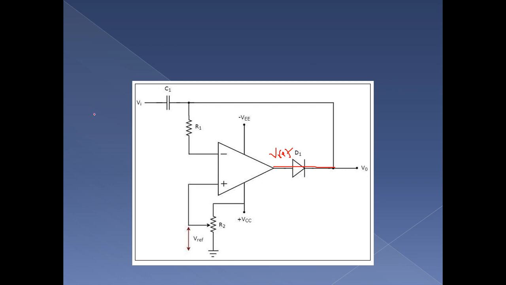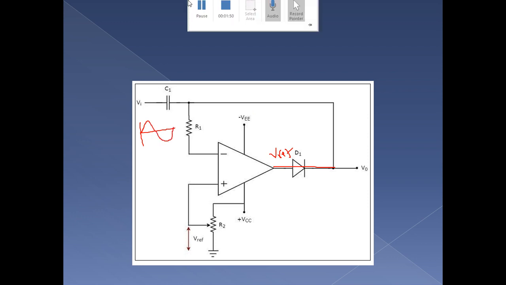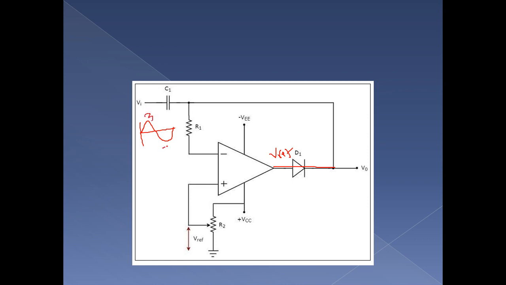Next, we assume I am giving the input signal Vi to the circuit, that is plus 3 volt to minus 3 volt. Assume that the negative portion is appearing at the inverting terminal.